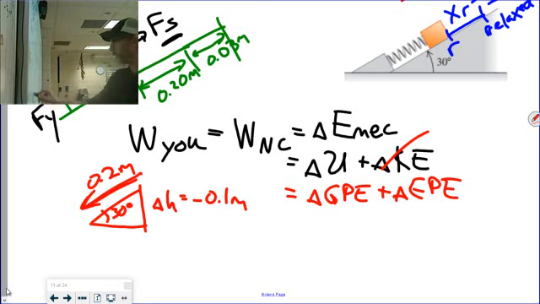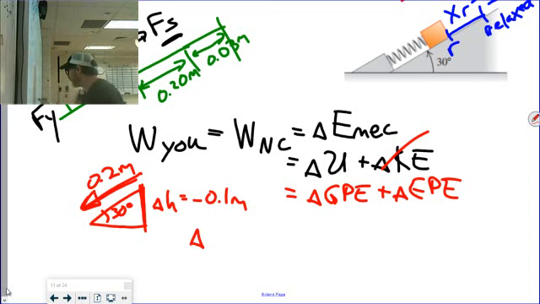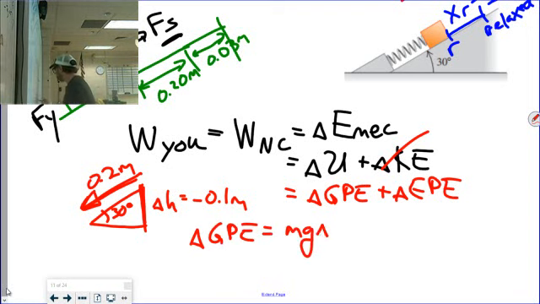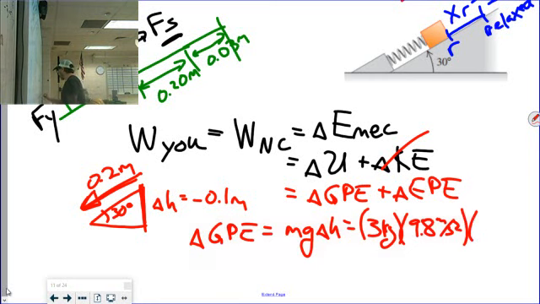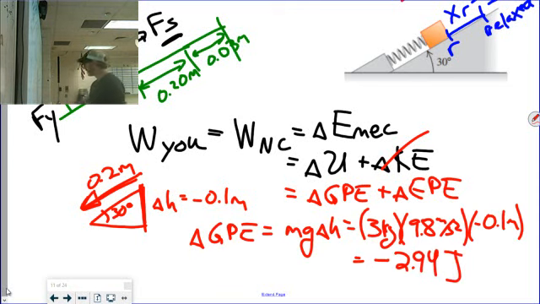Because it's going slantways down 0.2 meters, and so the vertical displacement is negative 0.1. So our change in GPE is just mgΔh. The mass is 3 kilograms, g is 9.8 meters per second squared, the height is negative 0.1 meters. Multiply this whole thing out, and you get negative 2.94 joules. So that's my change in GPE.